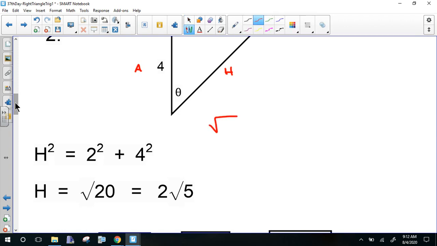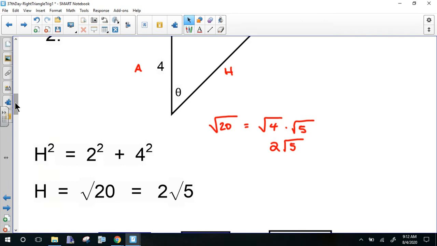And don't forget how we simplify radicals. One factor has to be a perfect square. The biggest perfect square that is a factor of 20 is 4. The square root of 4 is 2, and we leave the square root of 5.